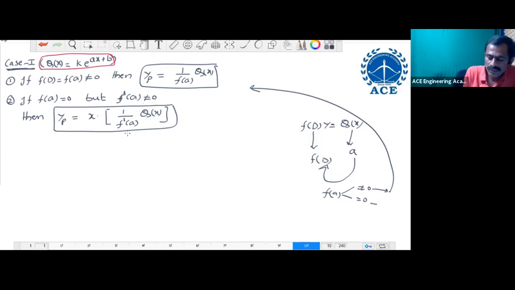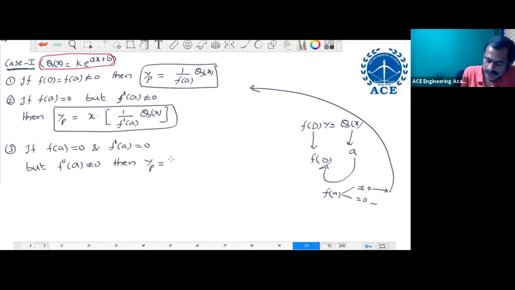If not equal to 0, stop and write yp. If equal to 0, we go to the next case. If f of a equals 0 and f dash of a equals 0, but f double dash of a is not equal to 0, then yp equals, corresponding to the second derivative, x square into 1 by f double dash of a of q of x.